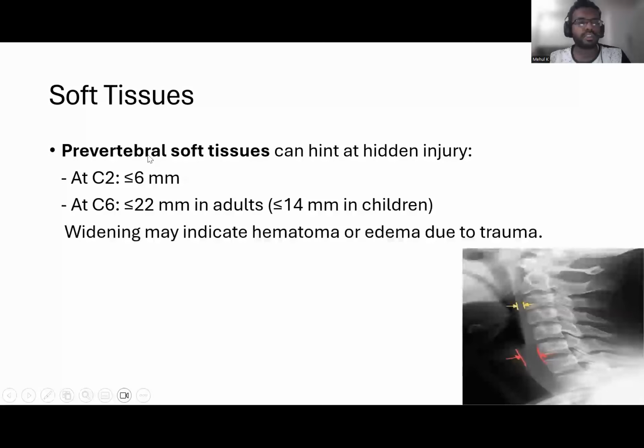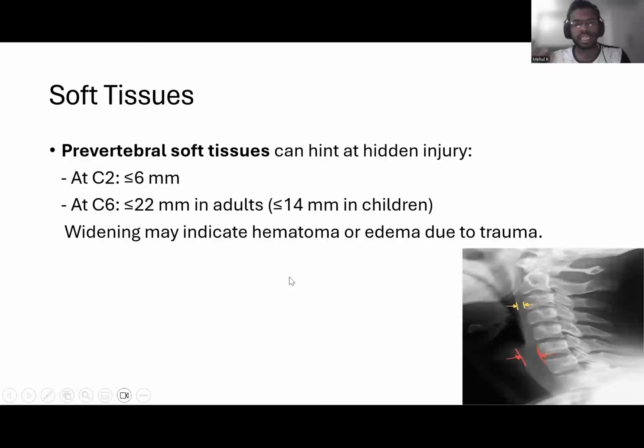Soft tissue injuries, you have to remember a normal prevertebral soft tissue. So above around C3, it is going to be less than 6 mm or less than a third of the width of the vertebral bodies. We can remember it like that. At C6, it's usually less than 22 mm in adults.